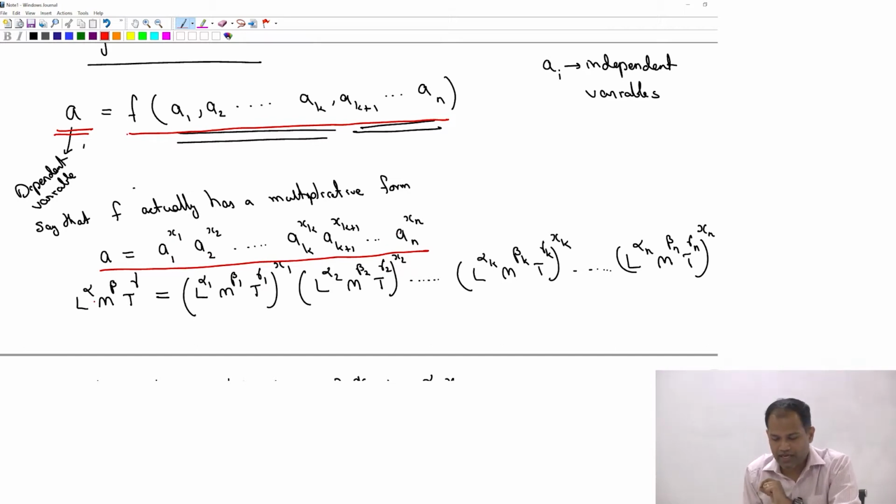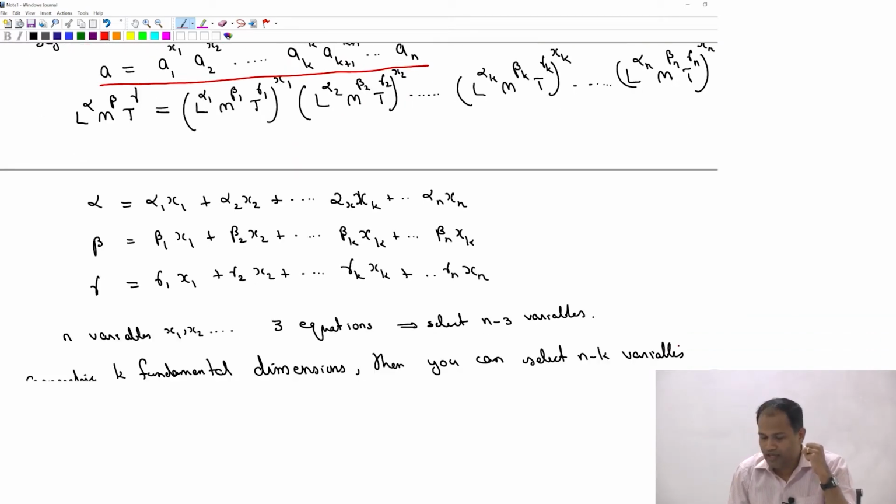If I write down the dimensions of all the variables, the dimension of small a in terms of L, M and T raised to some arbitrary powers, and a1 likewise in terms of L, M and T raised to some arbitrary powers, all to the power of x1 and so on, and if I equate the dimensions of each of them, I end up with 3 linear equations.